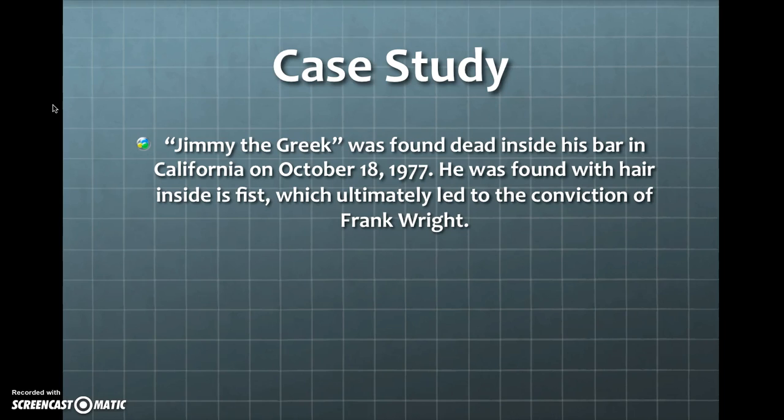Jimmy the Greek's killer was named Frank Wright. Unfortunately, Frank Wright had died in 2002 of alcohol complications, so he couldn't be convicted of his murder. But the case has now been solved because it had remained unsolved for many years.